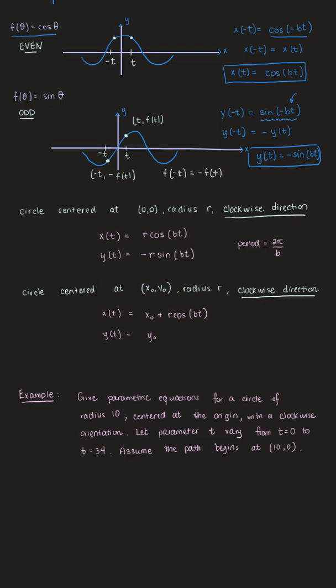So the only thing that has changed when we go in the clockwise direction is our y. Our y changes from positive r sine of bt to negative r sine of bt. And that is because sine is an odd function and cosine is an even function. So when we put in a negative angle, cosine didn't change, but sine became negative.